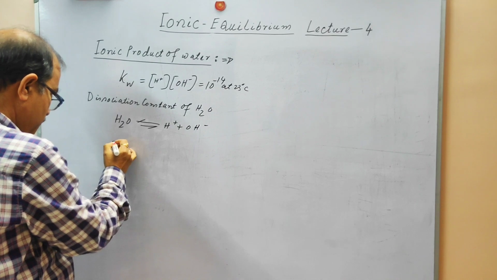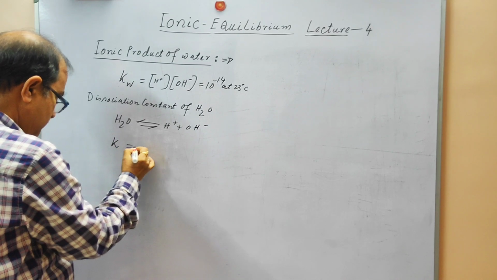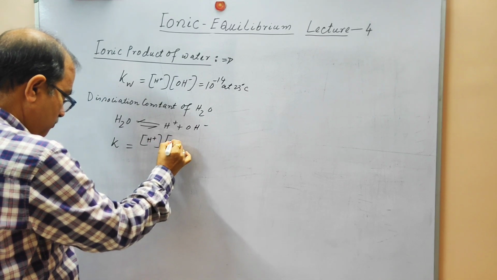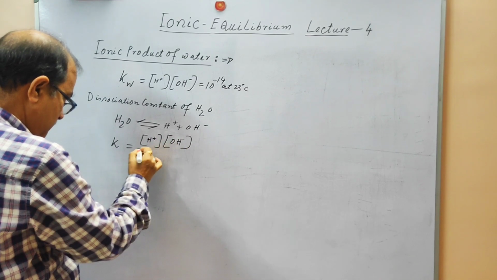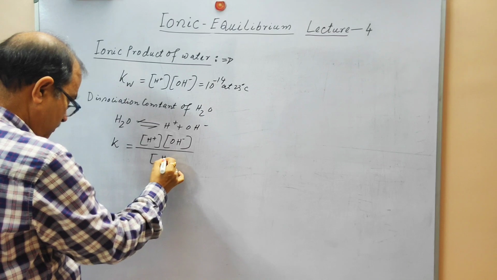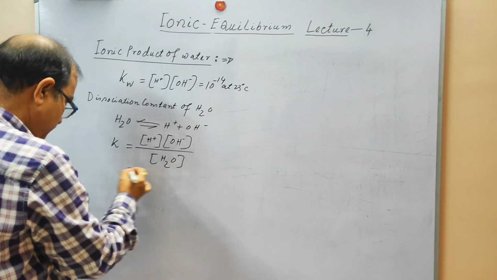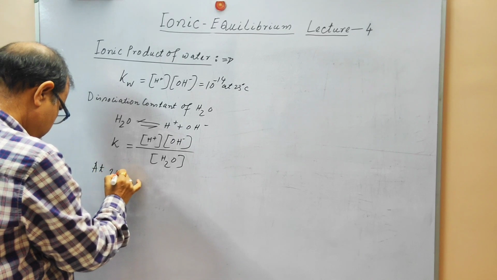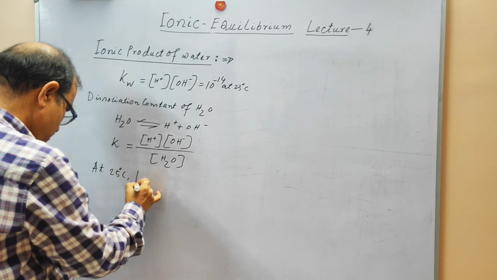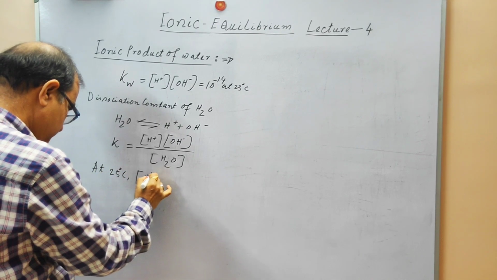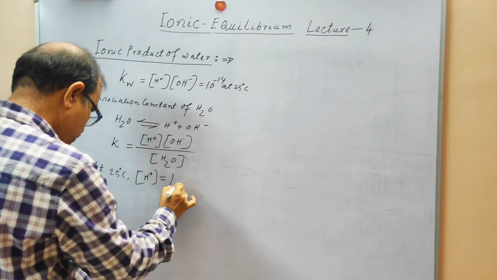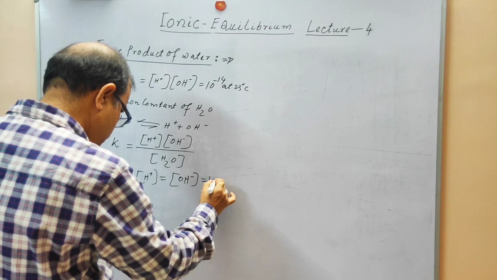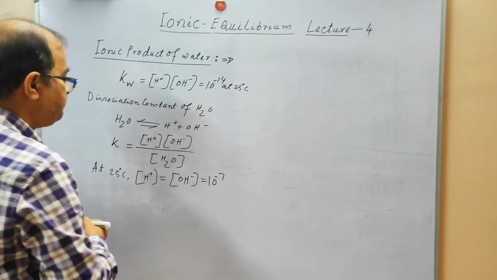So you will see the dissociation constant K is basically the molar concentration of H plus and the molar concentration of OH minus divided by the molar concentration of H2O. At 25 degrees Celsius, we know the molar concentration of H plus is equal to the molar concentration of OH minus, because it is a neutral solution. It will be 10 to the power minus 7 moles per liter.